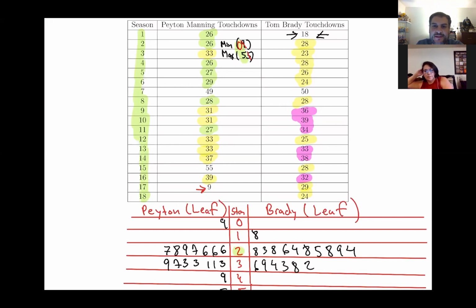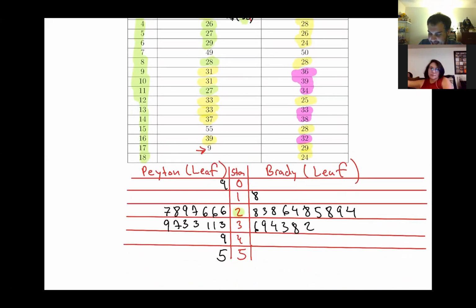All right, and those are the 30s. Now if we look at how many seasons he threw 40 touchdowns, there's no season where he threw 40 touchdowns. The last season he threw 50 touchdowns. So you put 50 as a 0. And that's it for the double stem and leaf plot. Any question in regard to the double stem and leaf plot?